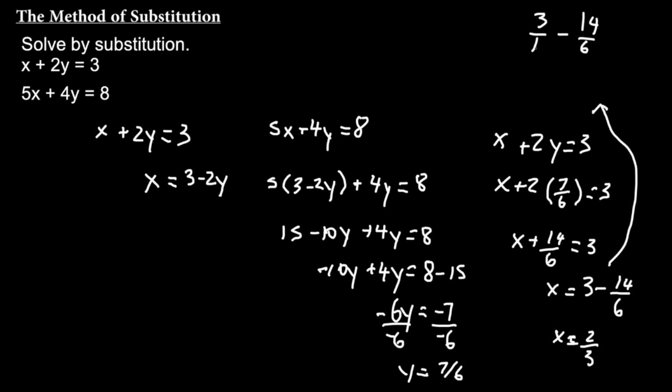You can multiply the denominator by 6, and whatever you do to the bottom, you do to the top. The reason I'm doing this is to get a common denominator. So here I will have 6 times 3 gives us 18 over 6, minus 14 over 6. This gives us 4 over 6, and 4 over 6 is the same as 2 over 3.